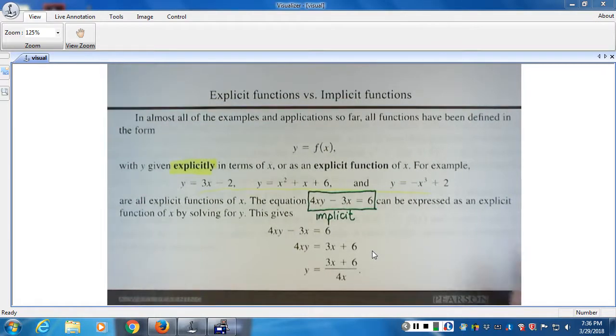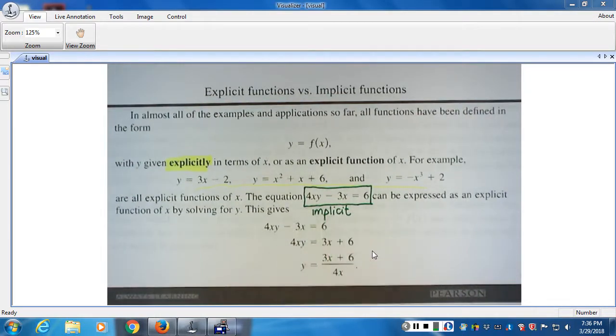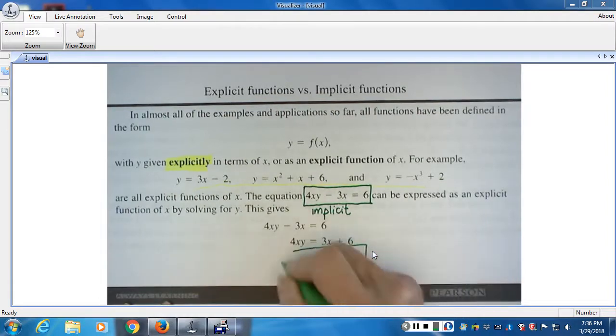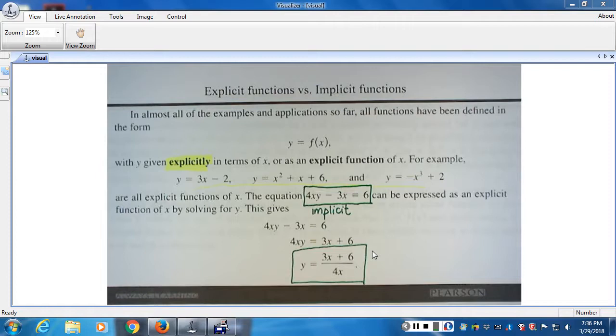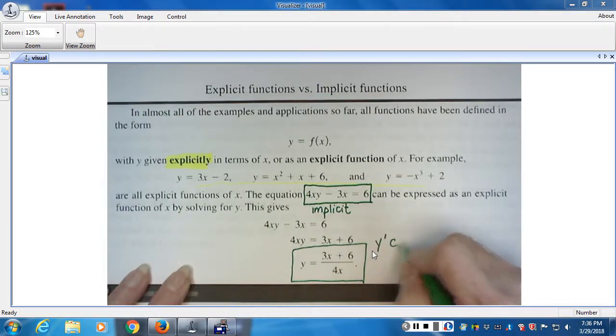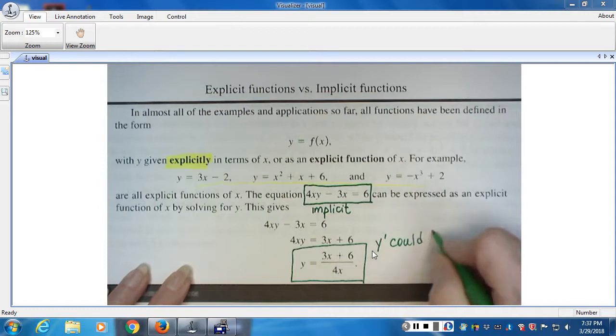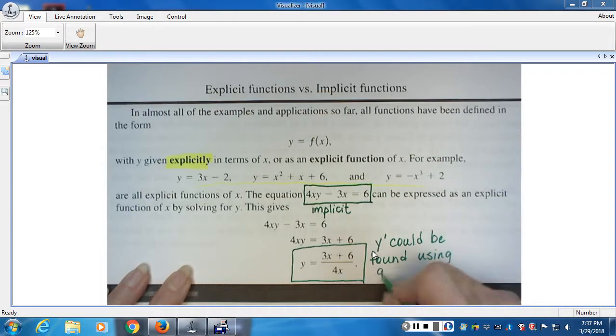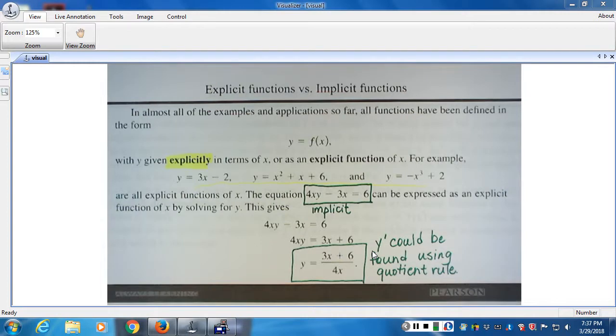If we had to actually take the derivative of this particular implicit function, we could do it easily by turning the function into an explicit function and then applying the quotient rule. So certainly we feel like at that point, well, we know how to do this.